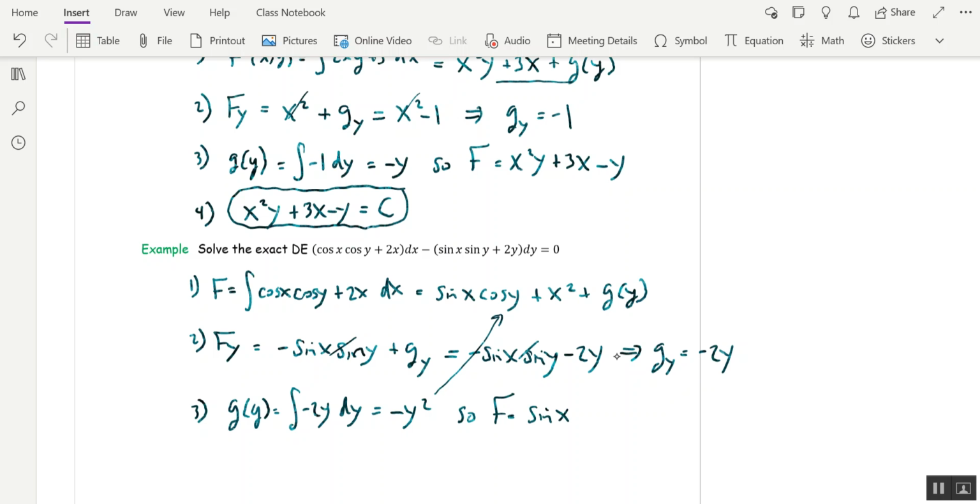Sine x, that's why I want you to label everything. Cos y plus x squared minus y squared. And that's not your answer because there's a step 4. So step 4 is set big F equal to a constant. Sine x cos y plus x squared minus y squared equals C.